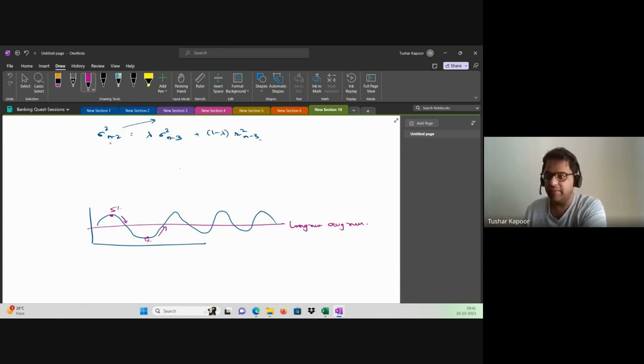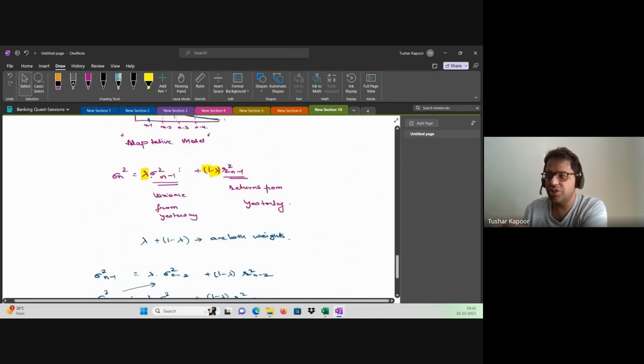So even if you are at the top, you will fall. If you are at the bottom, you will rise, right? That is the bottom line for the mean reversion concept, because we understand realistically things are always fluctuating around a particular long-term average. Whereas this model, EWMA and GARCH, was not taking care of any such adjustment.